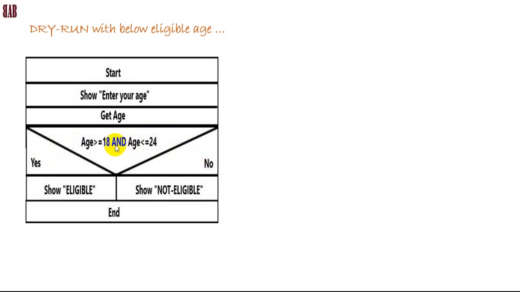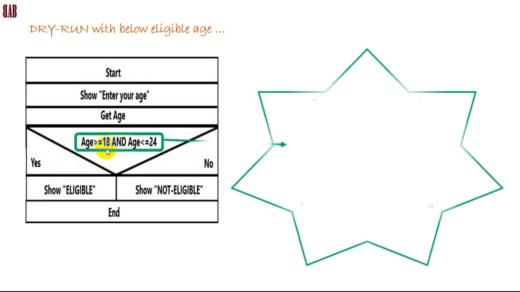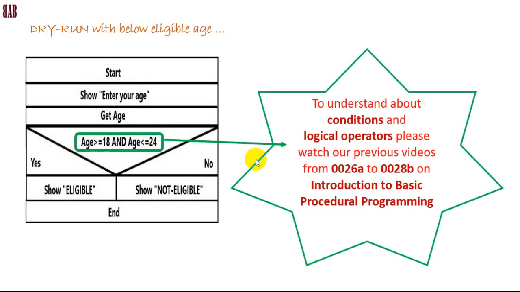Okay, remember that. If you are having doubts in how to evaluate this, then please watch our previous videos on conditions and logical operators, numbered from 0026A to 0028B. If you watch this set of videos on introduction to basic procedural programming, you should get an idea about how these things are evaluated.